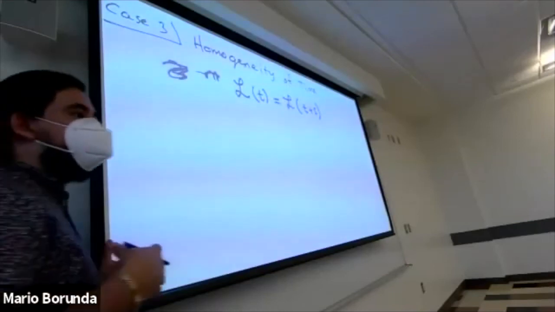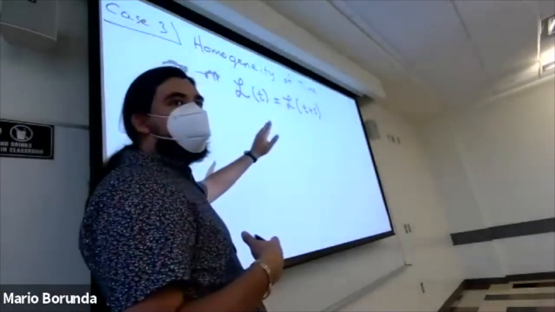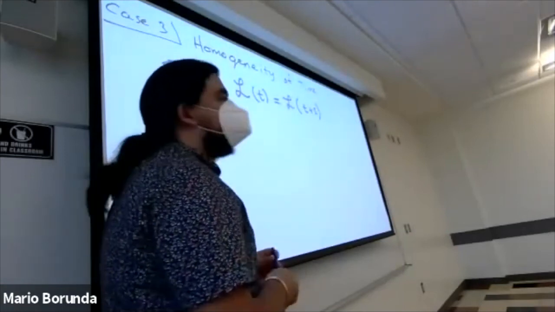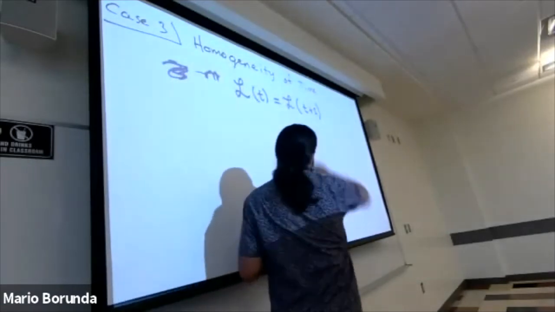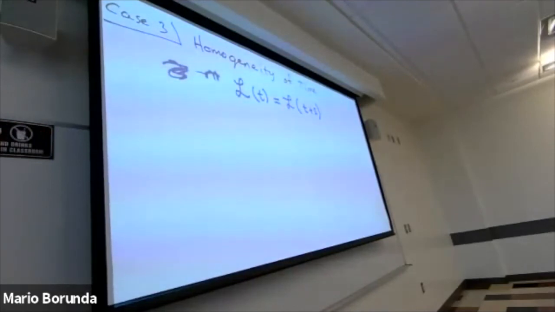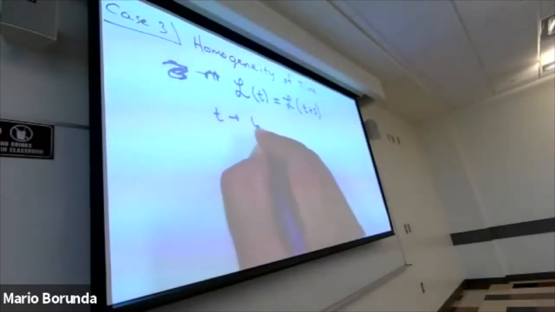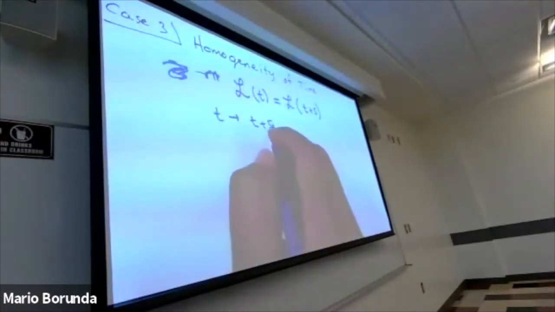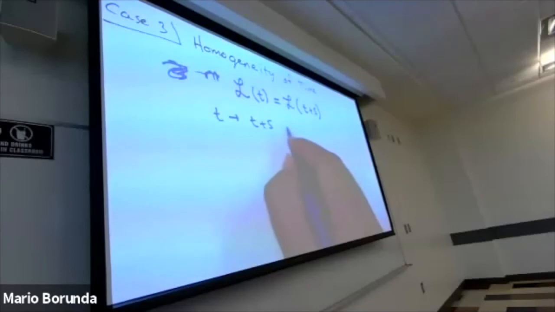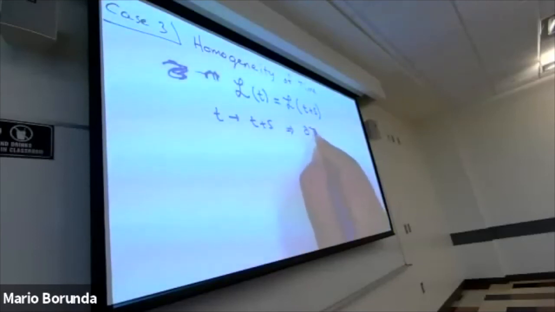So homogeneity of time means that the mapping that we're doing doesn't affect the r's, but the q's are going to affect the t's. So in this case, we're going from t to t plus s. We want a transformation that goes from t to t plus s. And what we want to say is that with this transformation, that's 0.